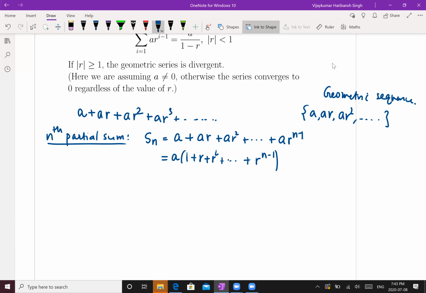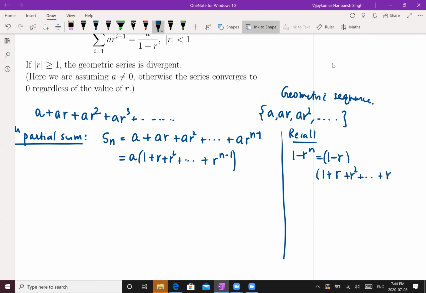Now recall, we had 1 minus R to the power n is going to be 1 minus R times (1 plus R plus R square, dot dot dot, R to the power n minus 1). This is an expansion for this.